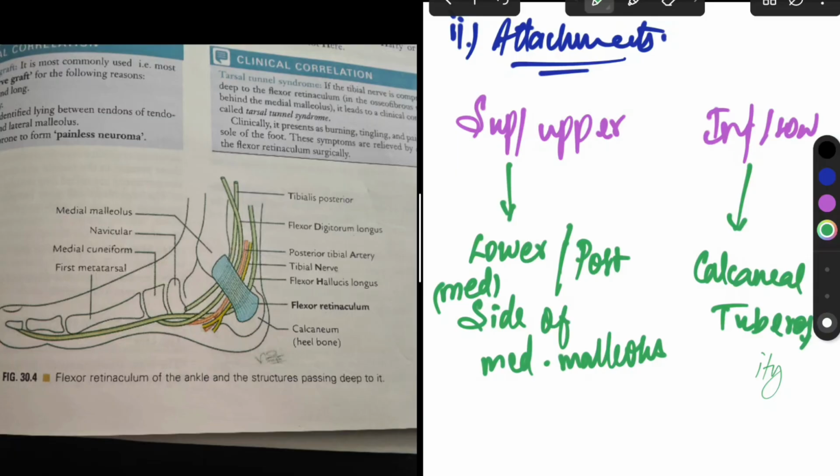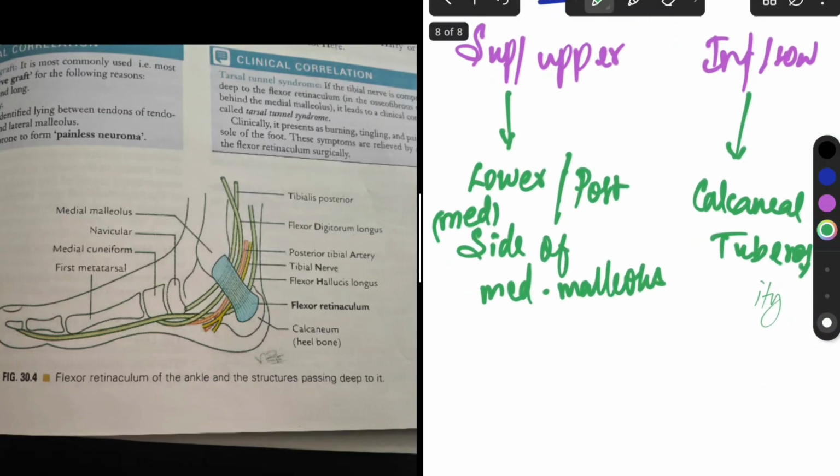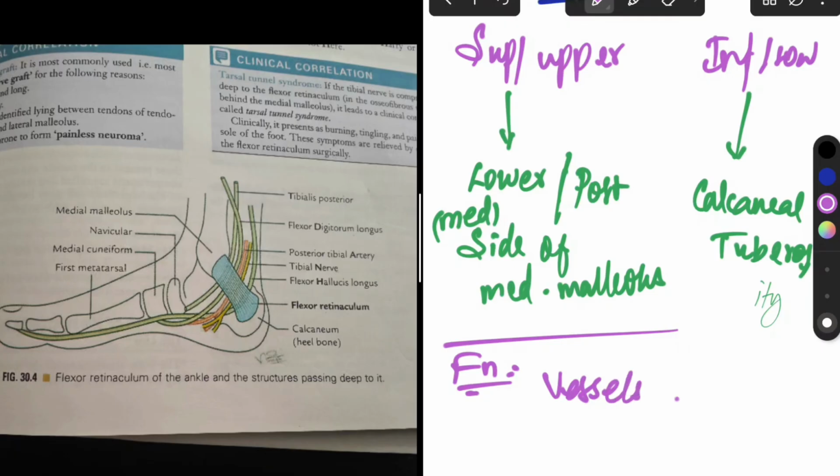Now, what is the function of this retinaculum? The main function is to hold the vessels, nerves, and tendons in place. From the diagram, let us see here.